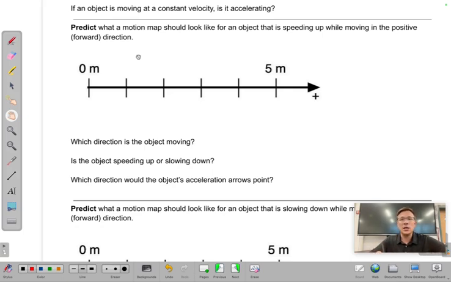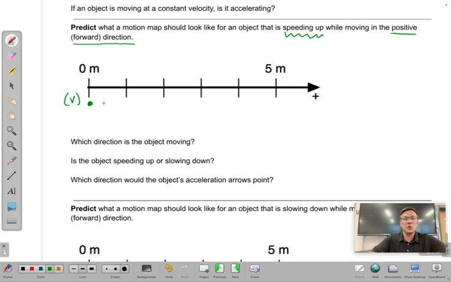I'm going to go ahead and move on right now. So we will start with the velocity in green here, and it says that the object is speeding up and it's moving in the positive or forward direction. It doesn't really matter where you started. I'm going to start at 0, and we need to show that it's speeding up. So that means that it will be covering more and more ground as it goes.